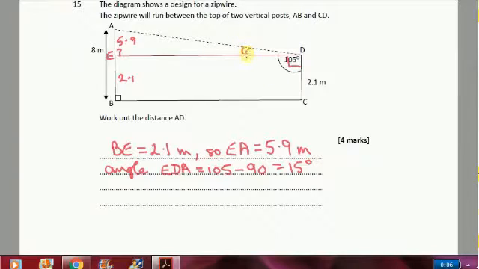So I can use SOHCAHTOA, sine here, because I've got the angle, I've got the opposite side, and I want to find the hypotenuse. So sine of 15 degrees equals the opposite, 5.9, divided by the hypotenuse, let's call it AD.